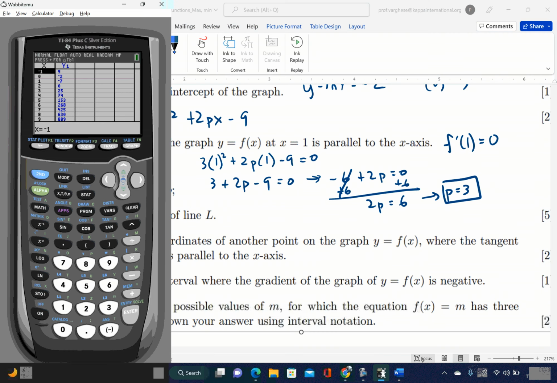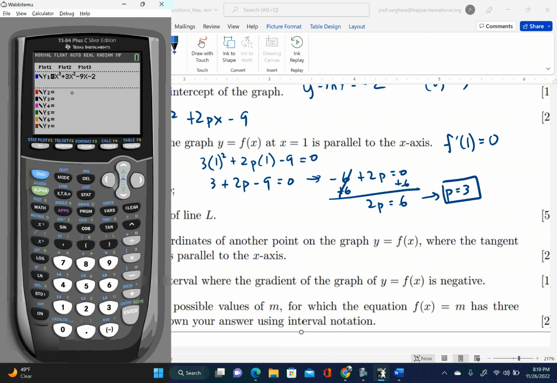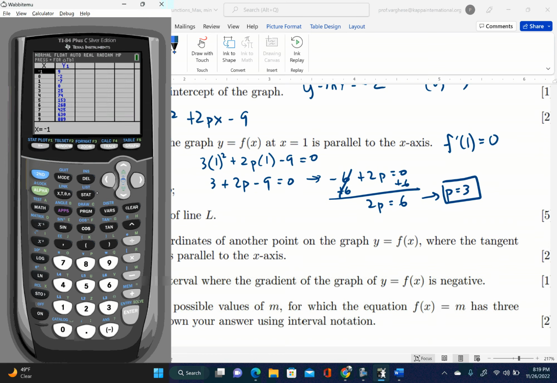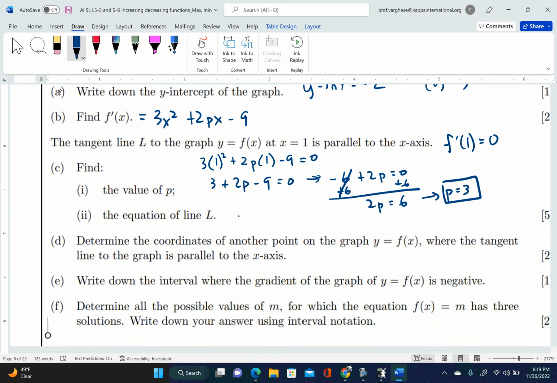All right, so I'm going to plug in my original function with the value of p here now, and I'm going to look for what number is across from 1, because this is x equals 1, so across from 1 is -7. So I have my point (1, -7).